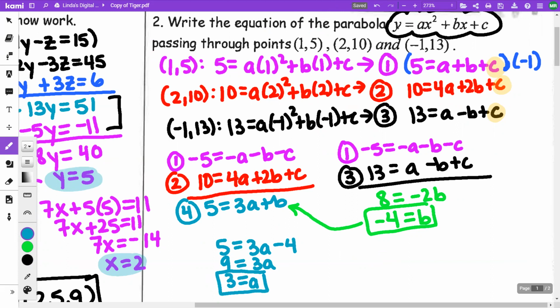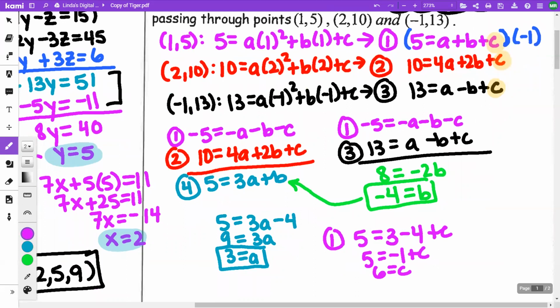So I think I'm going to plug it into the original number 1 equation, which was 5 is equal to a, which is 3, plus b, which is -4, plus c. So I get 5 is equal to -1 plus c. So 6 is equal to c.